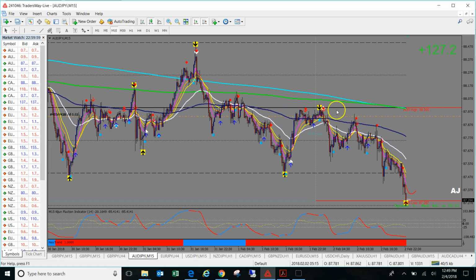Just pay attention and see if price has broken one of these quarter points. If it has, then a potential take profit would be right there, or the next one. So you can do TP1 and TP2, or you can just do TP1 and be satisfied, right?